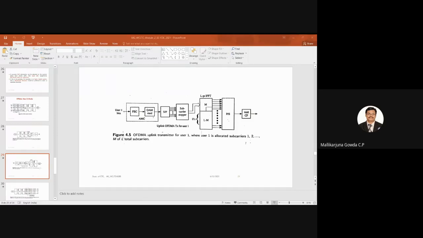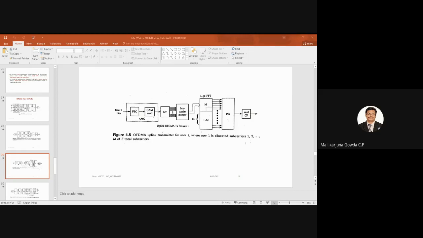What happens in AMC? There will be forward error correction as well as modulation, right? Then serial to parallel converter, subcarrier mapping, for user 1, right? So IFFT is done, then do the parallel to serial, add cyclic prefix and transmit.